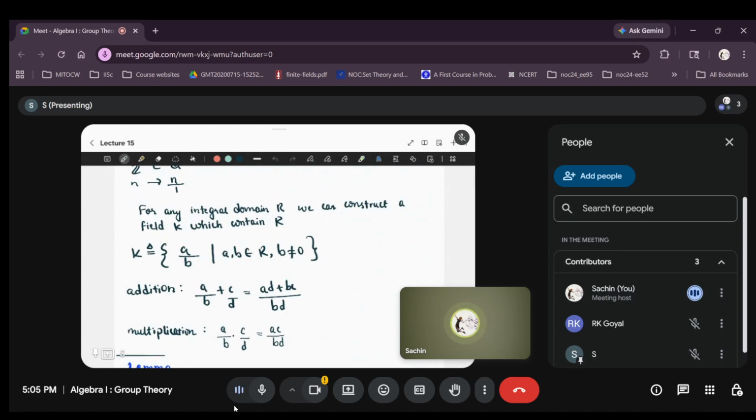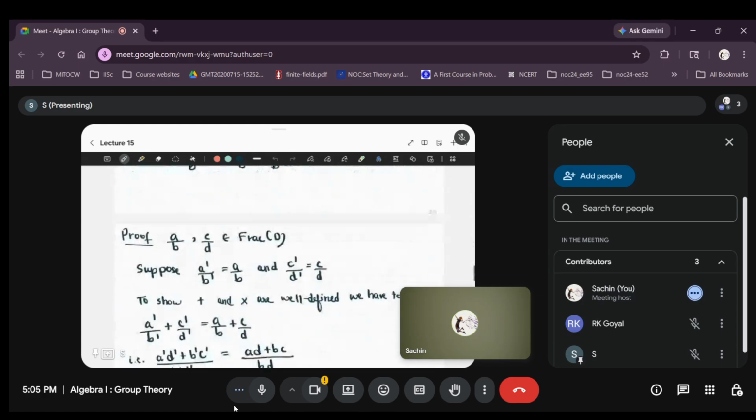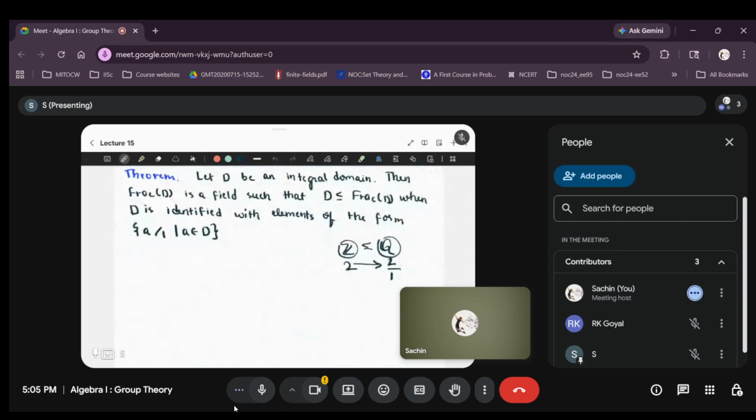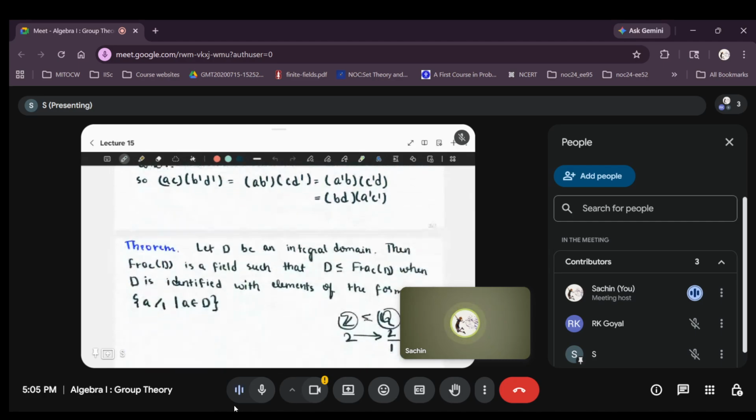And the ring we considered was the set of all equivalence classes a by b, where a and b are elements of the ring and b is not zero. We showed that this addition and multiplication were two well-defined operations.